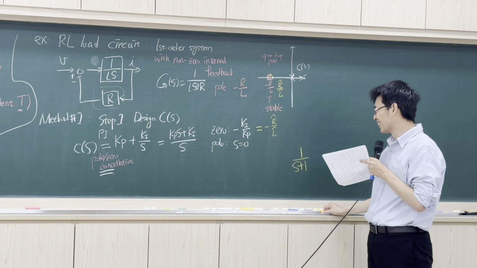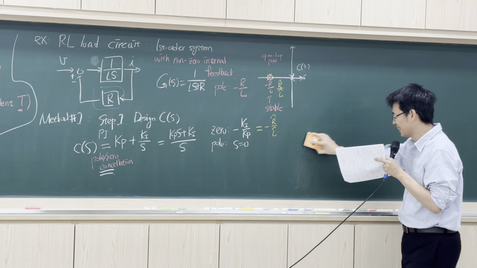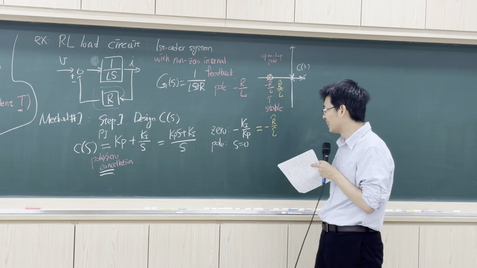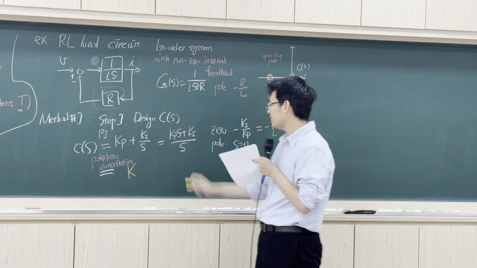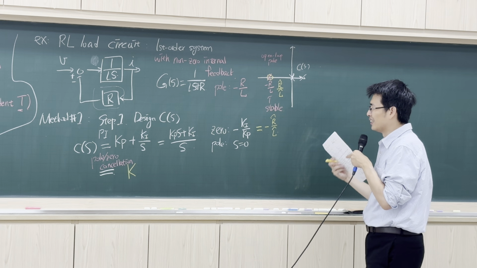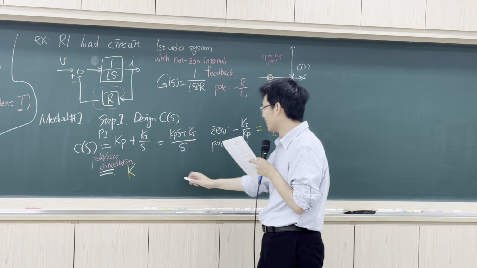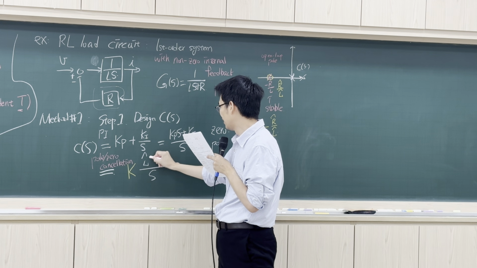So in order to overcome this issue, we added another single parameter called K outside this controller. And we can adjust this K for any bandwidth we want. So actually the controller will be like this.